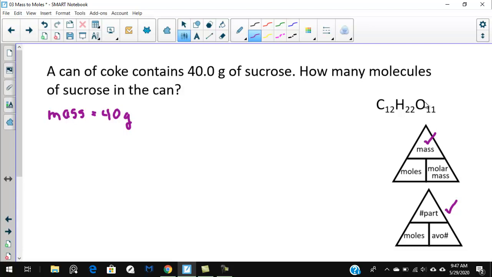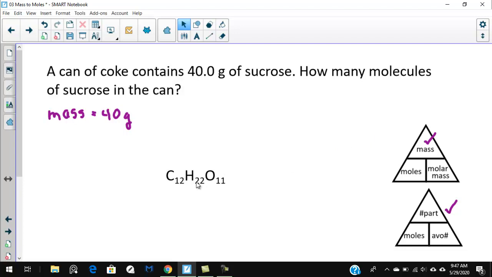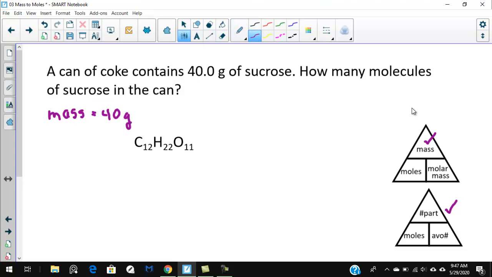This is the formula for sucrose. So we could easily get the molar mass of sucrose because we have its formula right there. That would mean that we could come up with this number. And since we have two things in that triangle, we could solve for moles.